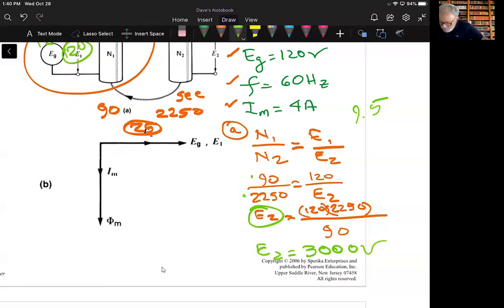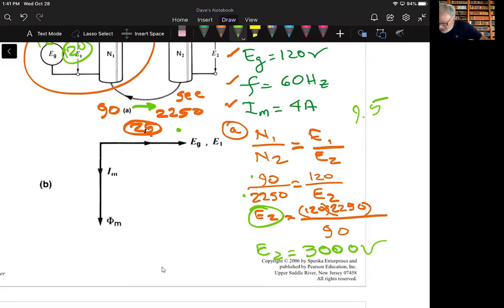What we can see from that is that on the primary side there were 90 turns, and on the secondary side 2,250 turns, and that relationship is that the secondary side is 25 times greater than the primary side. It also goes to reason that the voltage will reflect that same relationship.